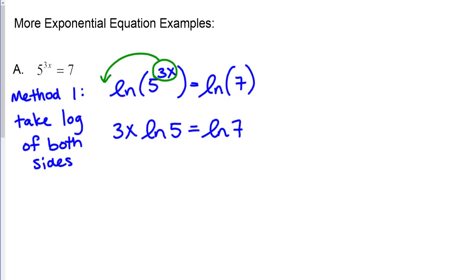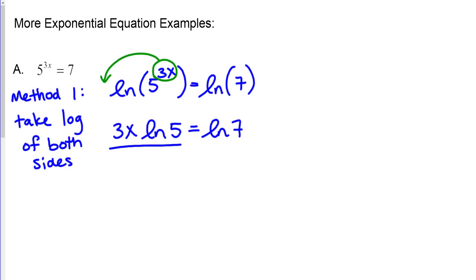Now this is really just a linear equation, because natural log of 5 and natural log of 7 are just representing numbers. The natural log of 5 is just the exponent that you have to raise e to, to get the value 5.